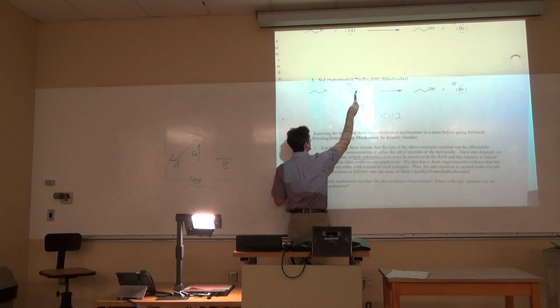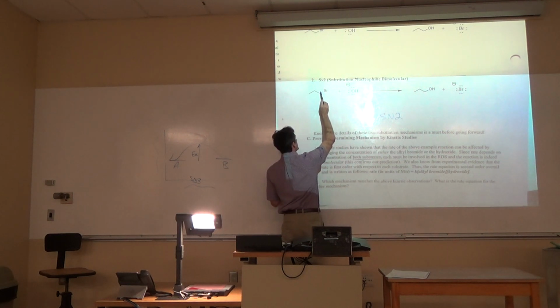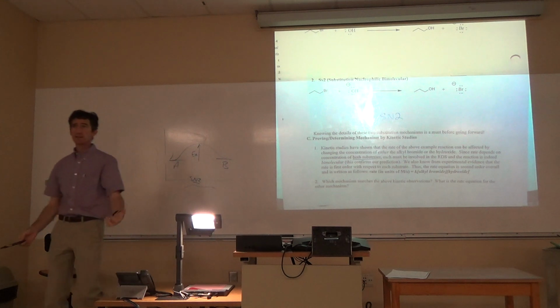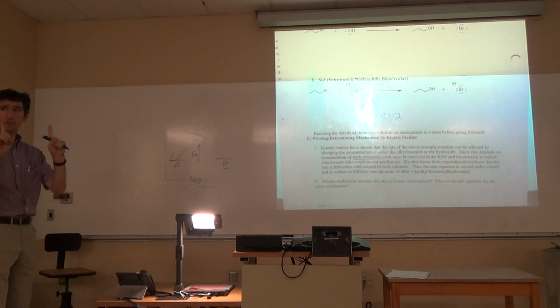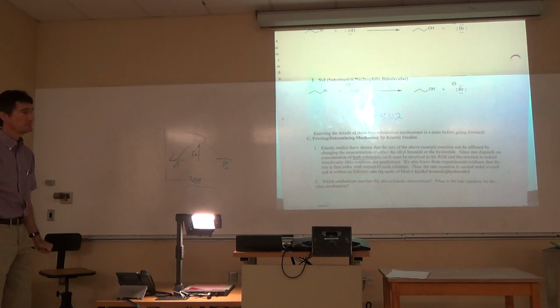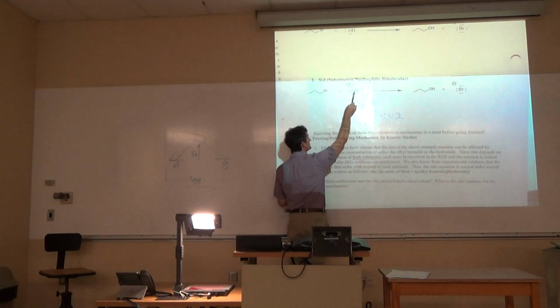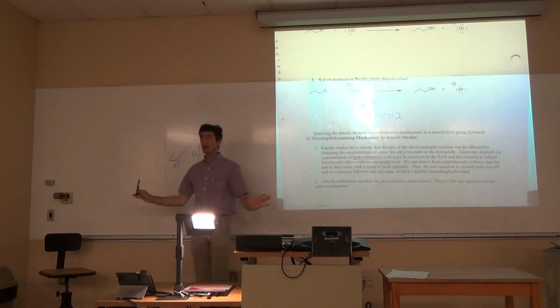The answer to this reaction is yes. The answer to this is yes. Either one, you change and the rate changes. You can determine that in lab. That tells you that both are involved in the rate determining step. If this was not in the rate determining step, then changing its concentration would not matter.